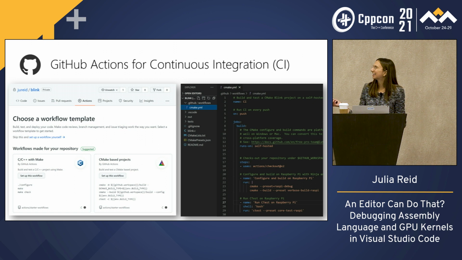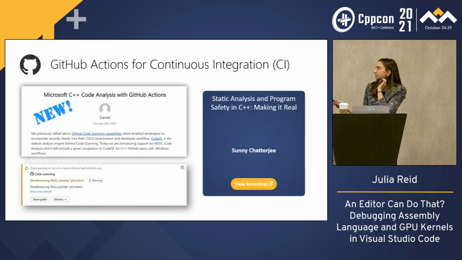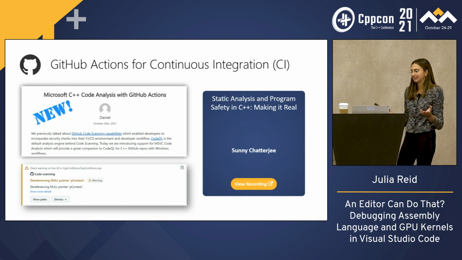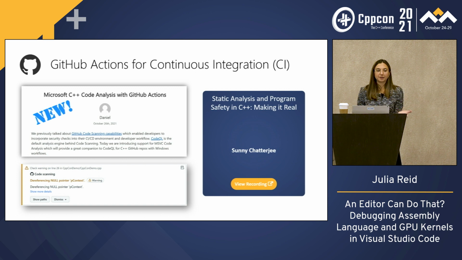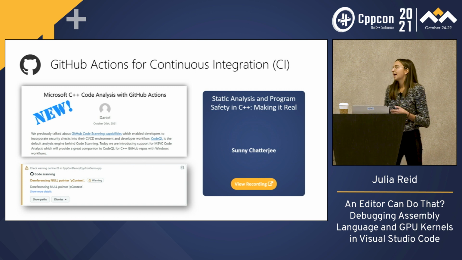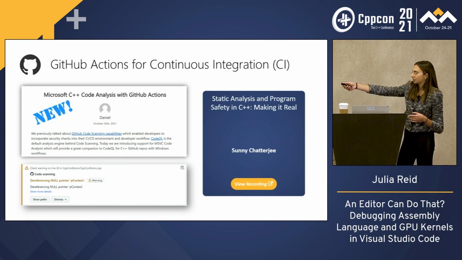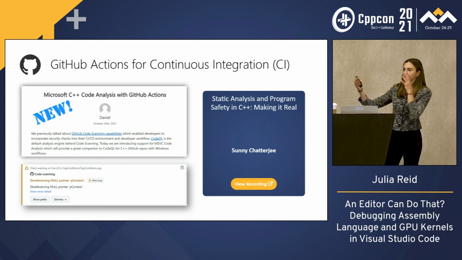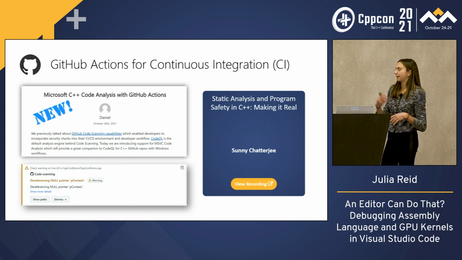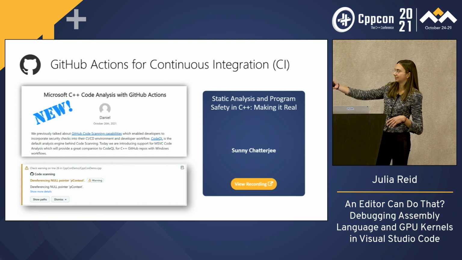You can use it to run code safety checks. And Sunny actually announced this in his talk on Tuesday. So there is now a Microsoft C++ code analysis GitHub action available. And this bottom screenshot shows what it'll look like in the UI if you submit a PR, and it'll run these code safety checks for you on your code base, and then you can see exactly in your PR what's triggering some alerts.